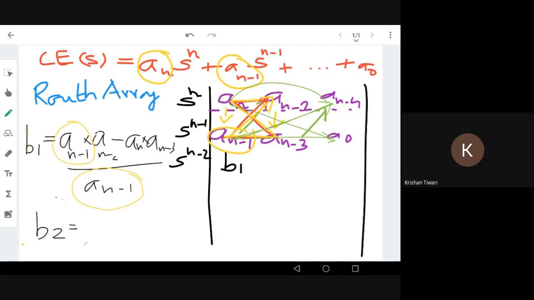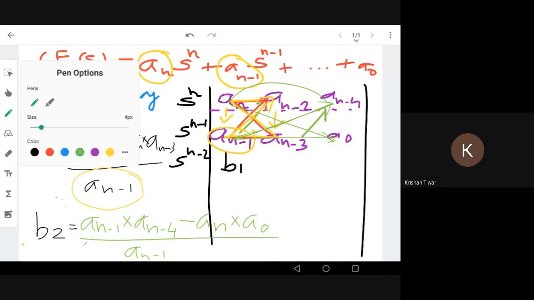So let me start with a(n-1) only. Again I'm starting here with a(n-1), multiply with a(n-4), bottom to top, so remember that. Then minus again a(n) into a0, here it is a0, right? Divide by, again the same, a(n-1) only. So here again I'm crisscrossing.